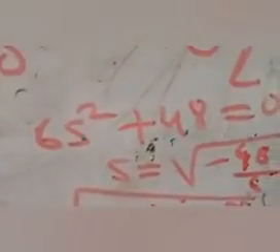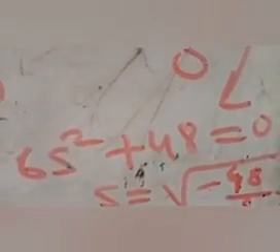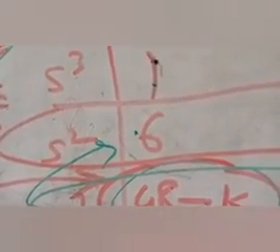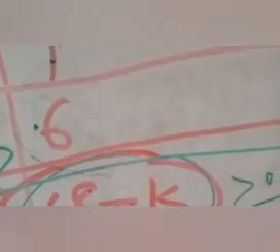This is the auxiliary equation formed from the s squared term in the Routh array, and finally we obtain the intersection point.